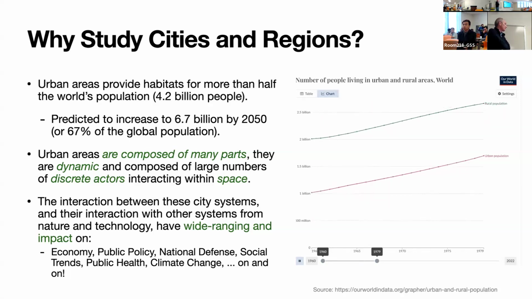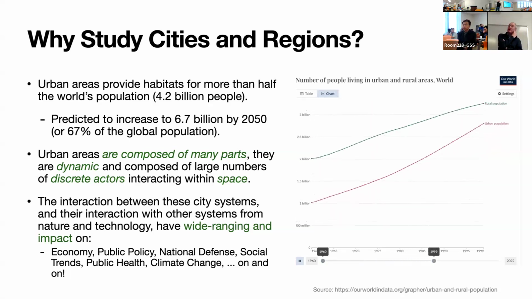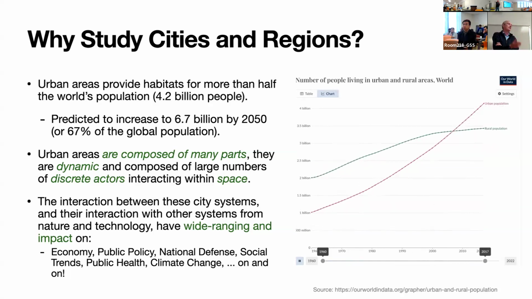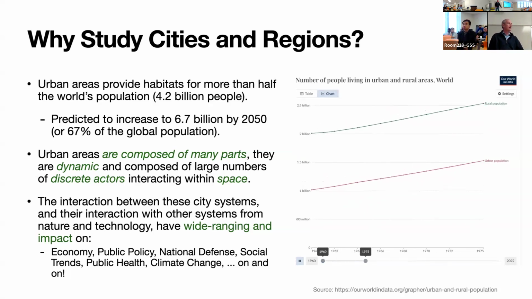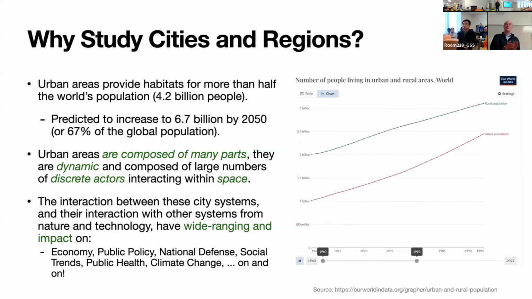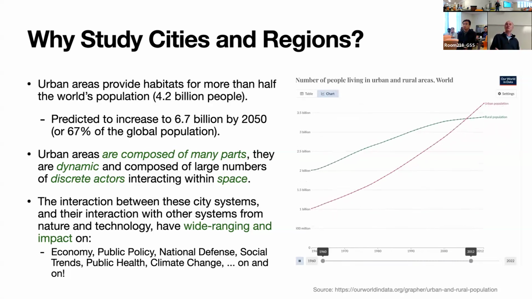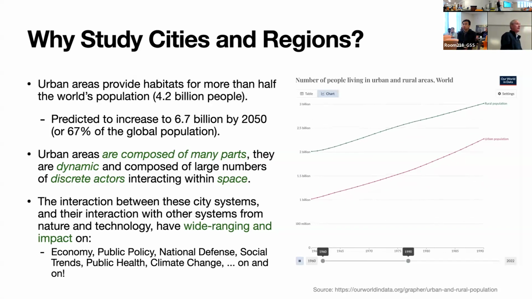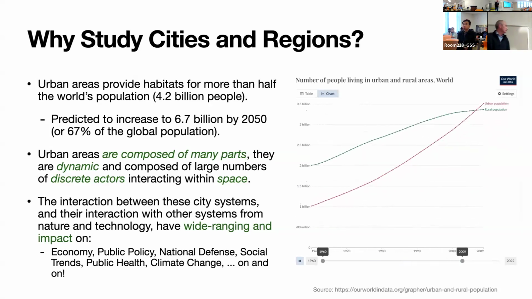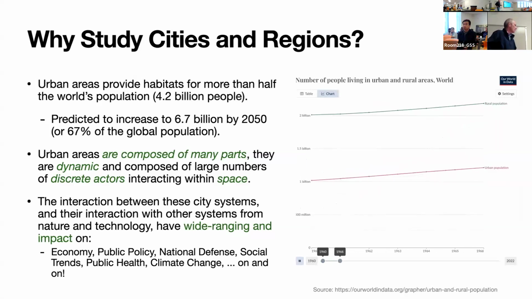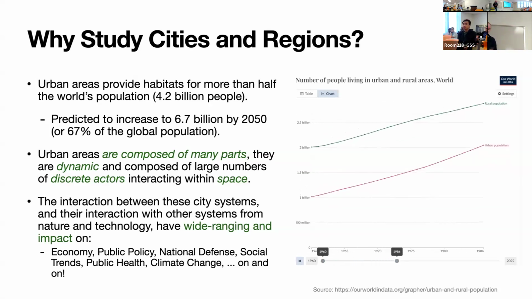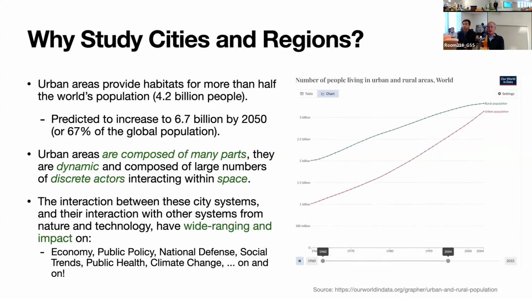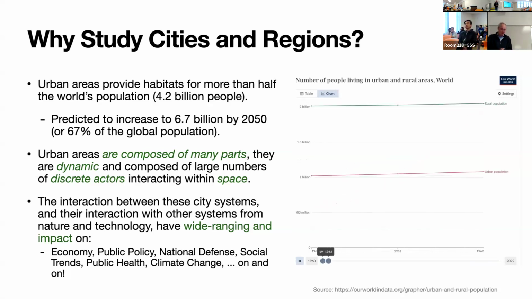But these cities themselves are dynamic. They're not static. They're constantly changing. Today, the University of Delaware campus is busy with students. In a month's time, it'll be relatively quiet. Cities change, places change. We have spring here, and Buffalo is still winter. But the idea is things are changing. They're made up of discrete actors operating in space and over time.